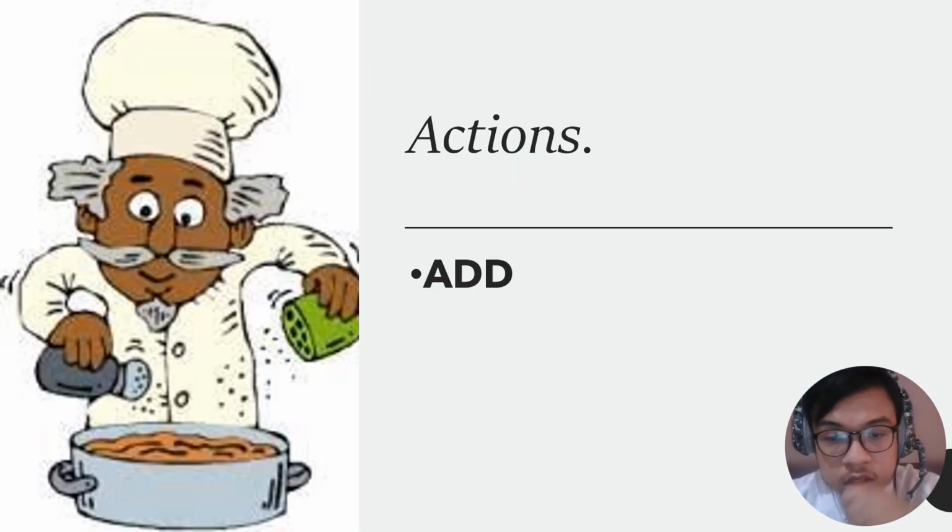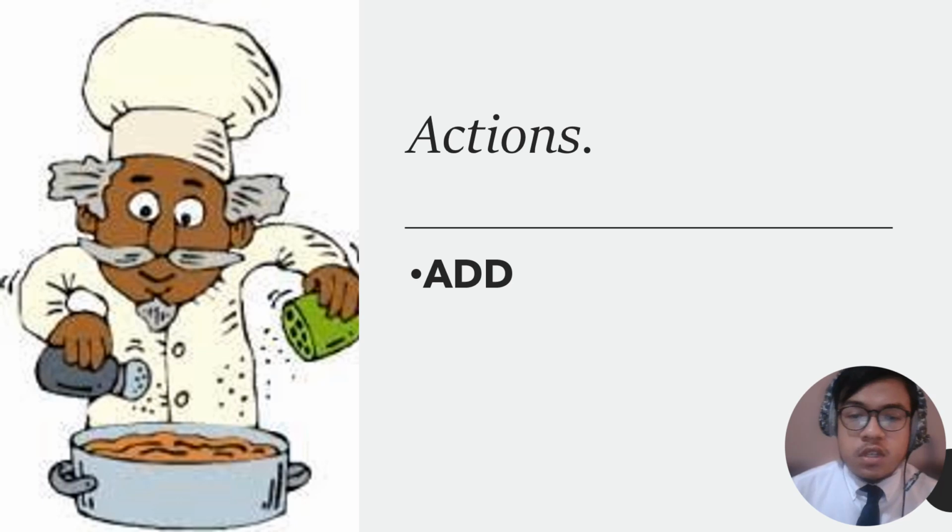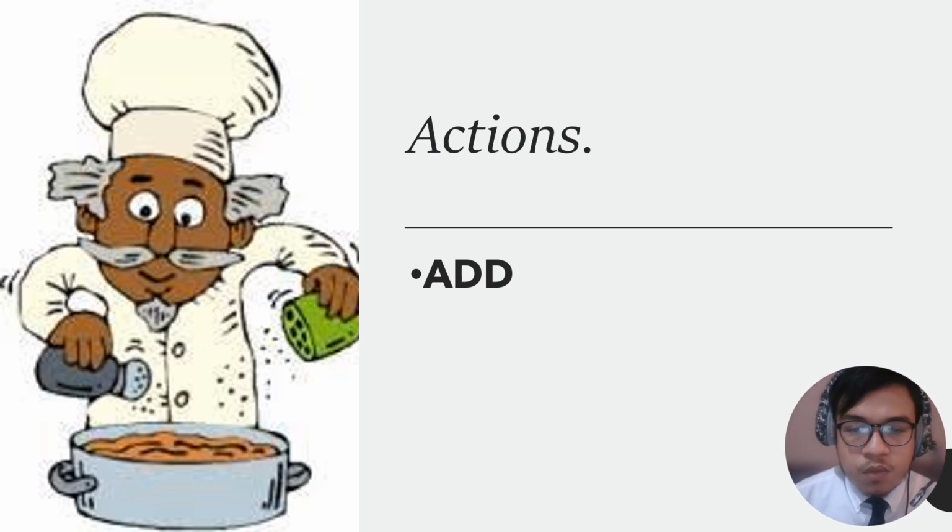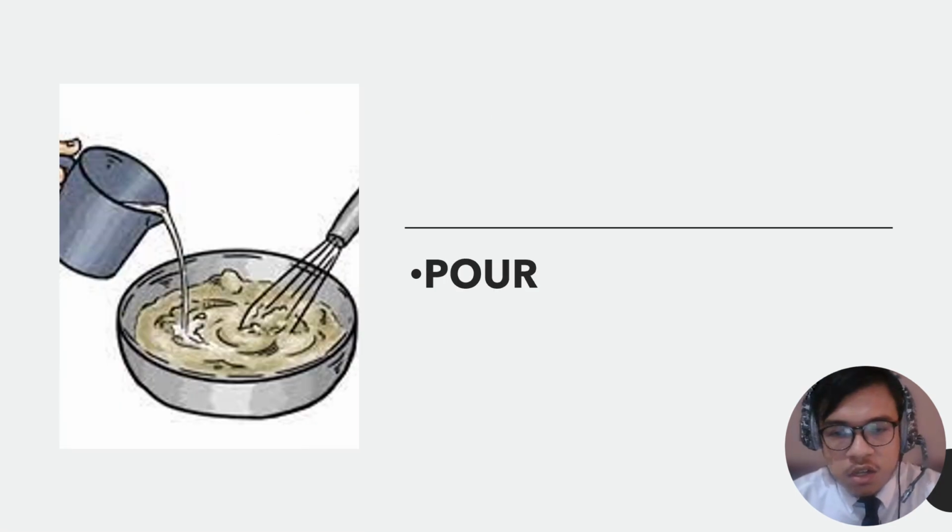Let's go to the next words. The next words are about actions you can use in the experiments. The first is add, add. Excellent. And you can see a picture to take an example of what add is: add salt, add something else, etc. The second one is pour, pour, pour.